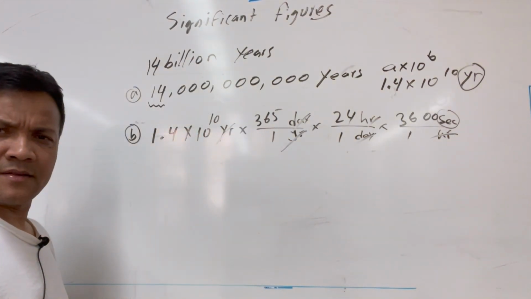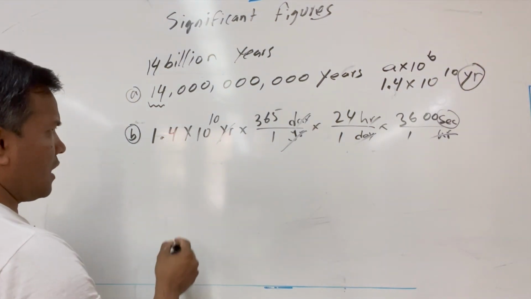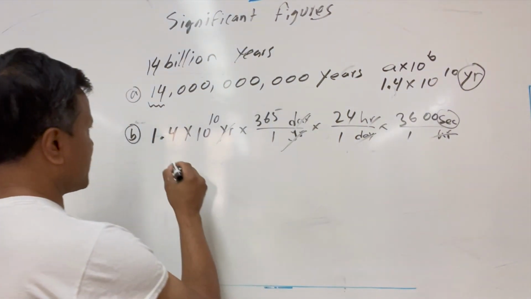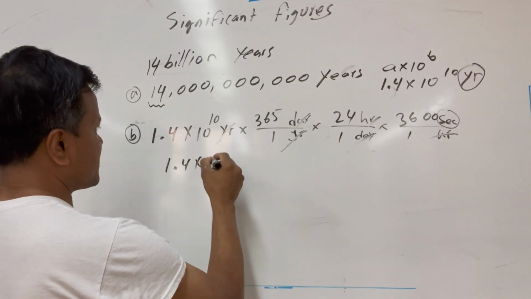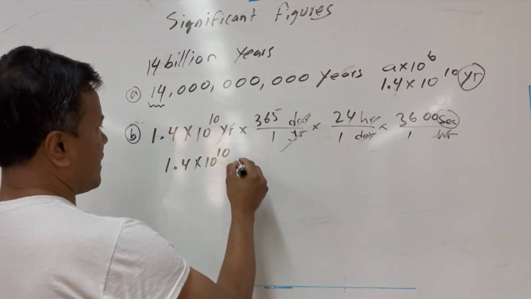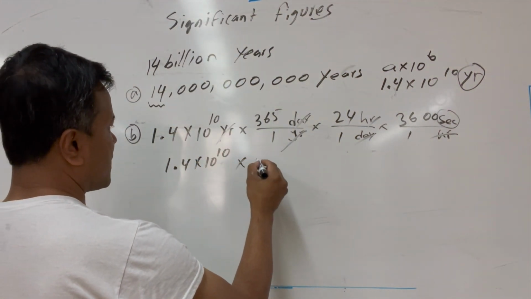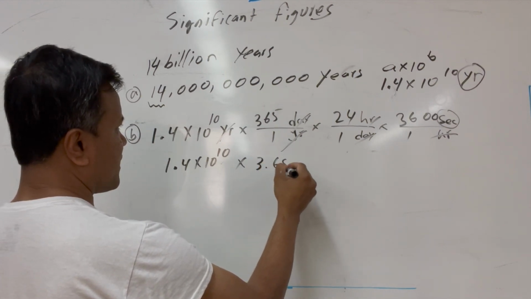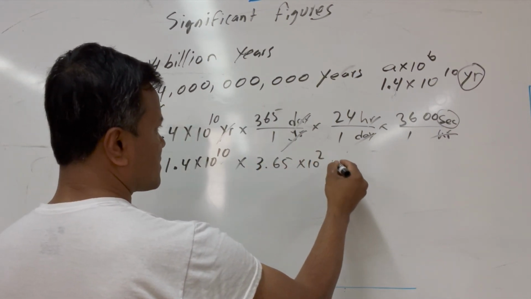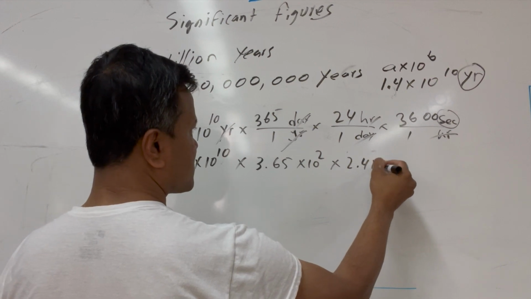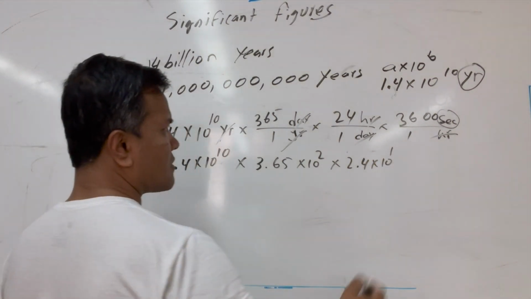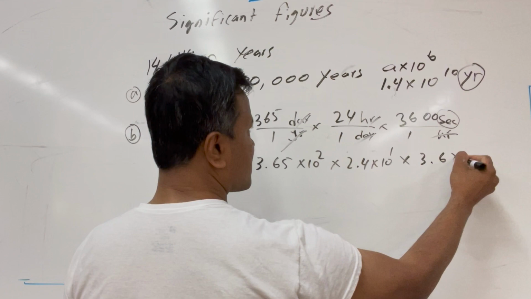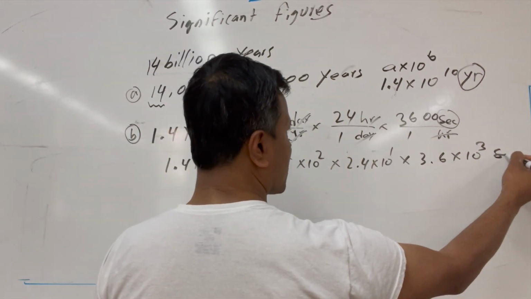Okay. Now you are left with the second. So now you have 1.4 times 10 raised to 10 times 3.65 times 10 squared times 2.4 times 10 raised to 1 times 3.6 times 10 raised to 3 seconds.